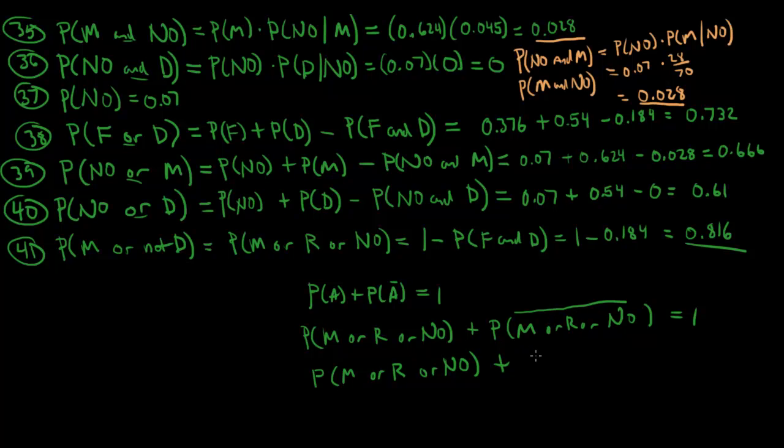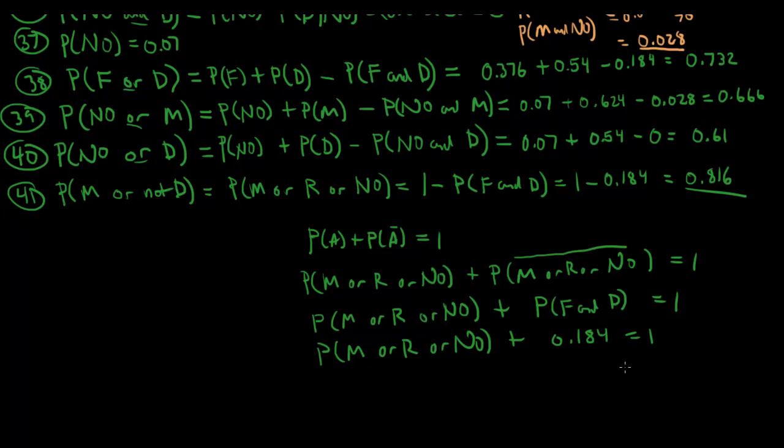Plus, we have to recognize this right here is the probability of being female and Democrat. But we know this, and we can find that easily. So the probability of male or Republican or no opinion plus 0.184 equals 1. And now we can just solve this equation. The probability of male or Republican or no opinion equals 1 minus 0.184. And there you go. Cool.